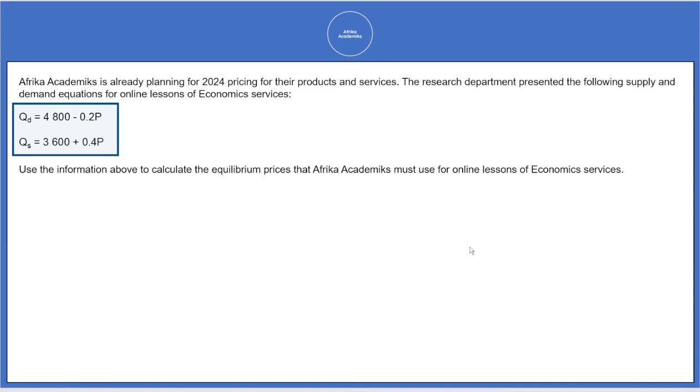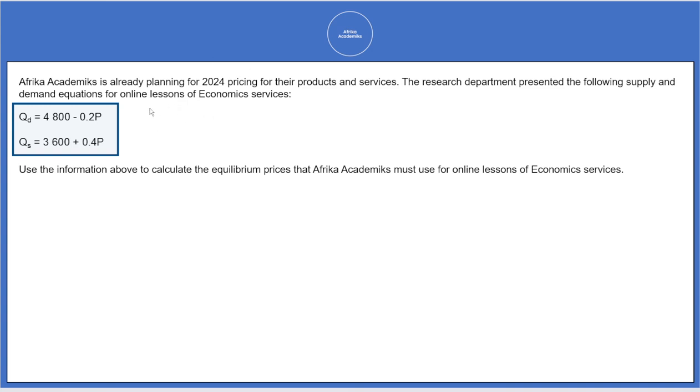Okay, perfect. So we now move to the next question, which is also still under micro, right? The question says Africa Academics is already planning for 2024 pricing for their products and services. Okay, so the research department presented the following supply and demand equations for online lessons of economic services.